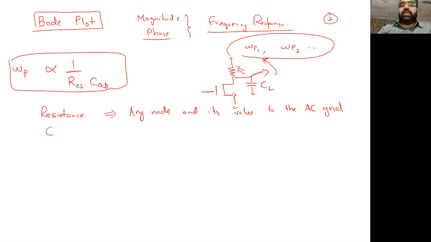And similarly, any capacitance at any node and its value to the AC ground. And this should be in a pair.